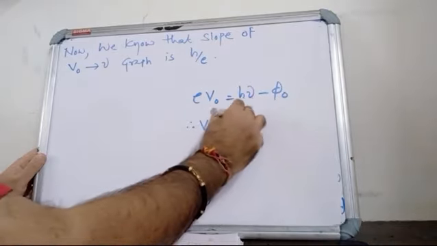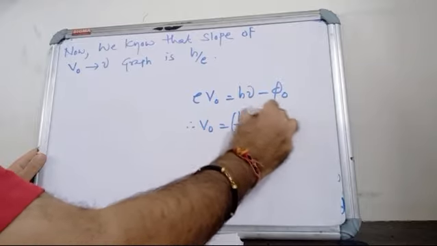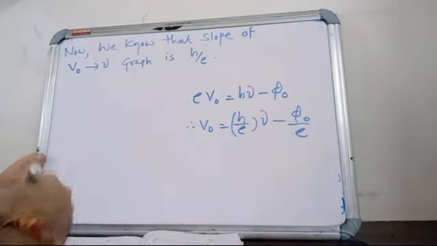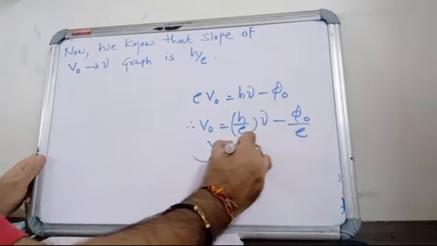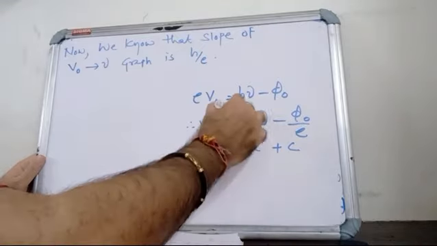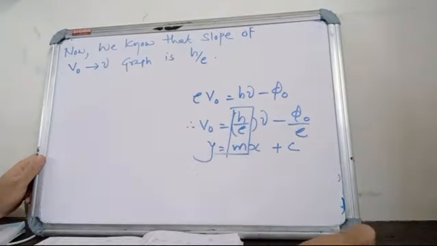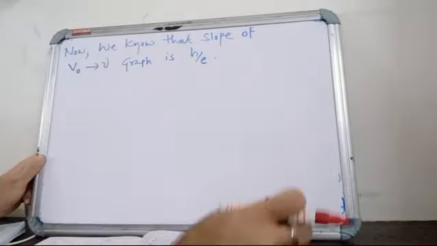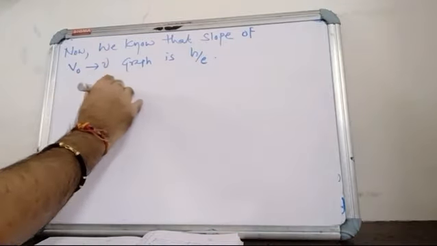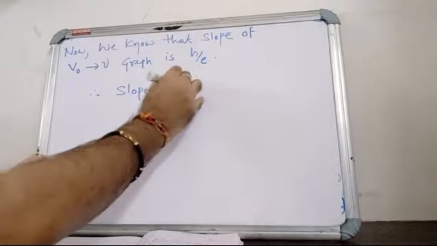Therefore, V0 is equal to h by e times nu, minus phi 0 by e, right? So, comparing with y = mx + c, the slope is h by e, right? Therefore, slope is equal to h by e.